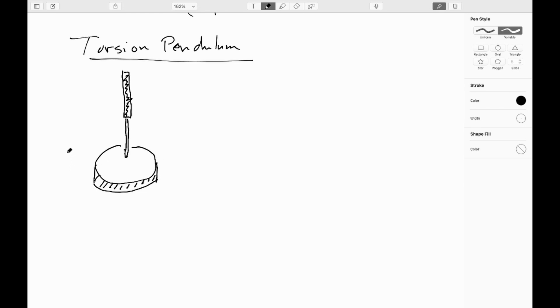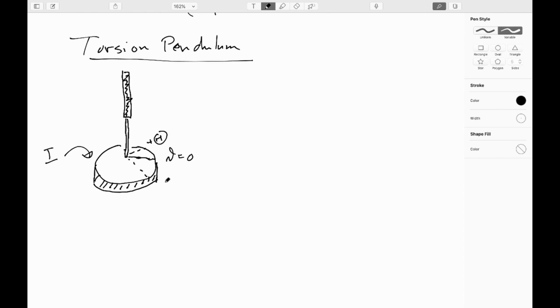So the disc will have some moment of inertia I, and let's say here that this is our equilibrium position. So let's say we go ahead and give that twist out to some angle plus theta.